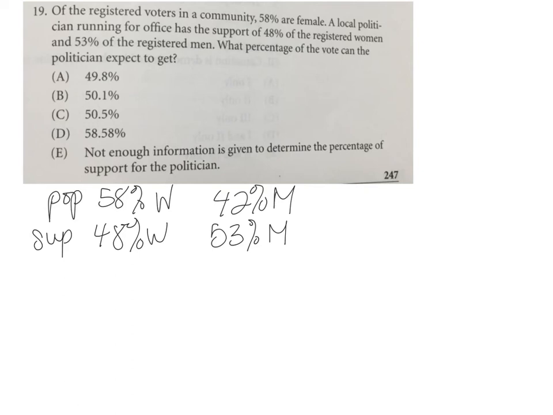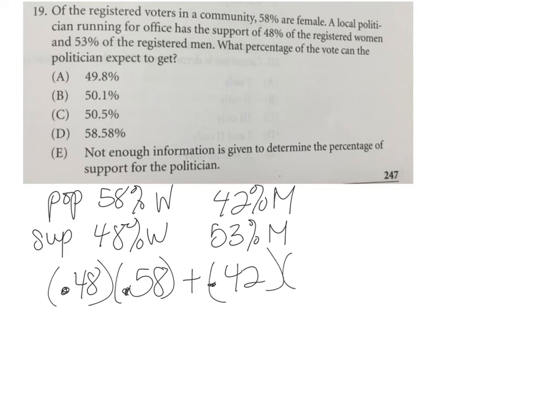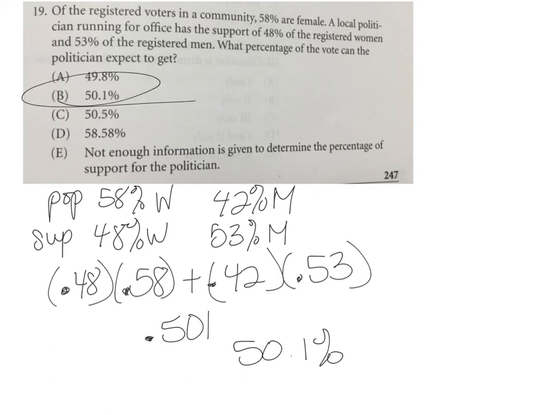So we can expect him to get 48% of those 58%. So we're doing 0.48 times 0.58 plus 0.42 times 0.53. And we get 0.501, so that's 50.1%, B.